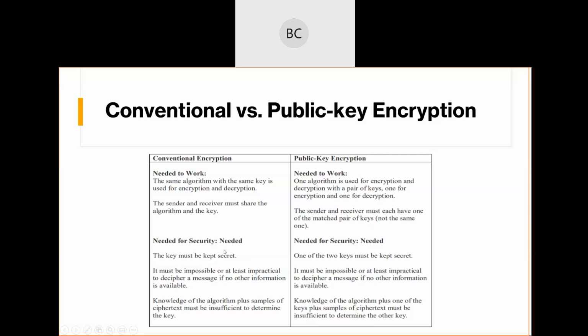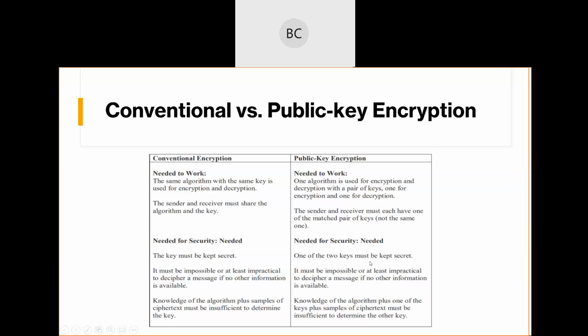For the security, we need to keep all the keys secret. There will be just one key, so we just need to keep that particular key secret. But in the public key case, one of the two keys must be secret, meaning the public key can be known to everyone but the private key should be secret.